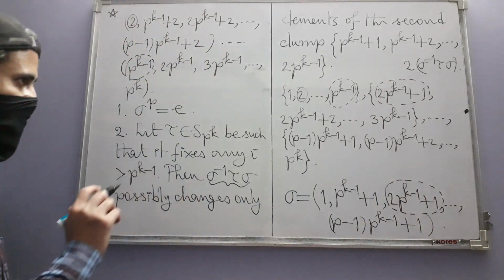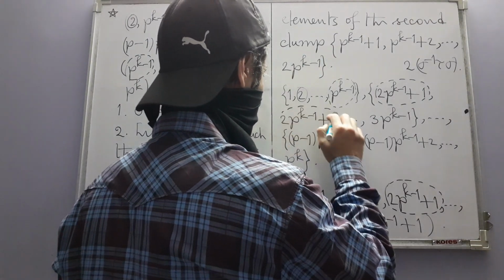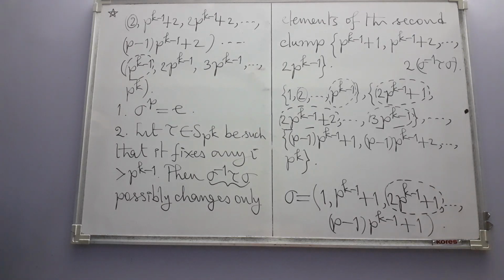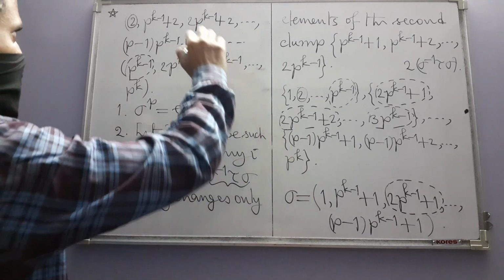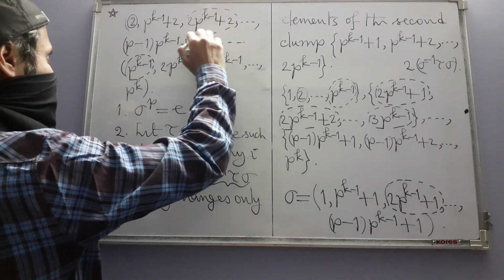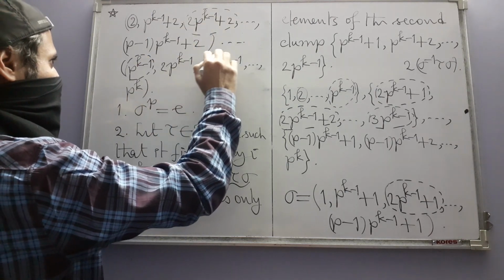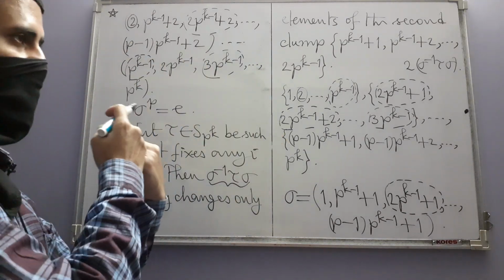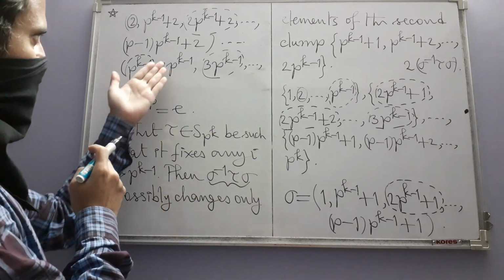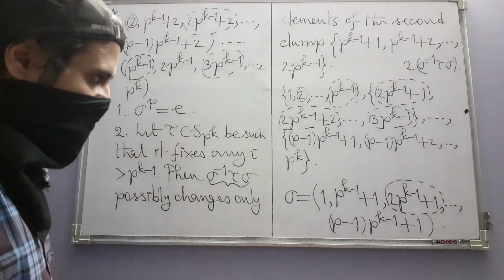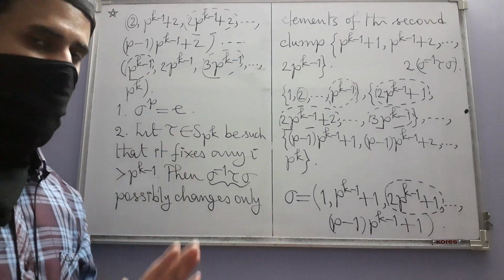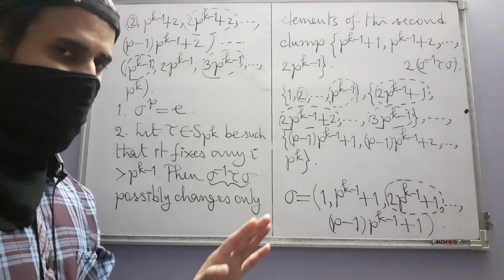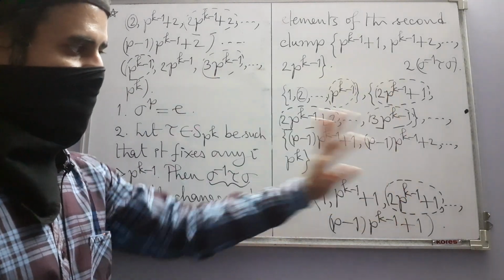Yes, and that is the case with any other element from the third clump, because all of them are going to be third elements of the cycles. Apply sigma inverse on that, it gets shifted to the left, on any such element in the second positions of the cycle, tau has no effect. So the element ultimately is going to go back to the original thing.